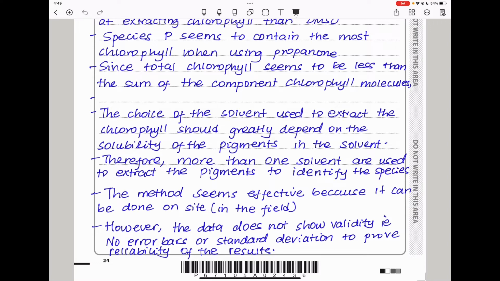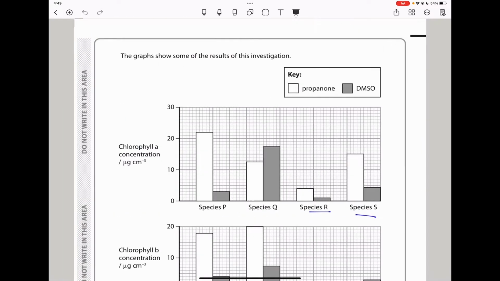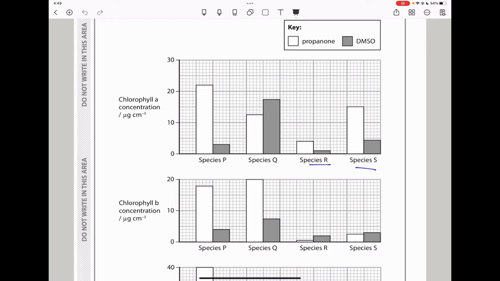However, the data does not show validity, i.e. there are no error bars. So there is no indication of variability because there are no error bars. There is no standard deviation to prove reliability of the results. This is my own opinion, from most of the data I have observed. If I take you back, you can see it's just a graph.